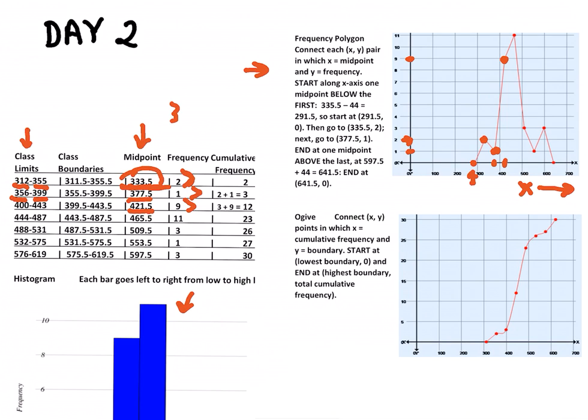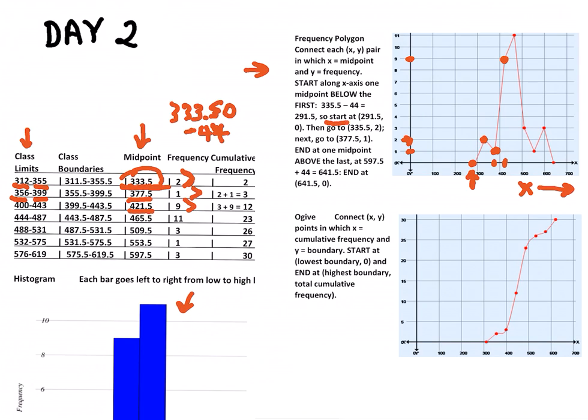If you take that $333.50 and you subtract our class limit, which is 44, what you get is $291.50, and that is how far over along the x-axis that 0 point is right there.